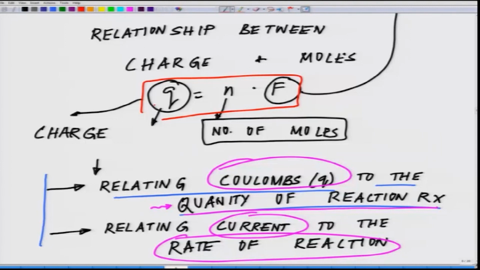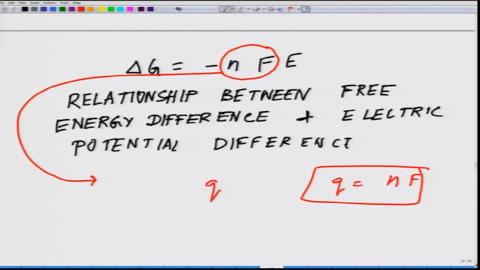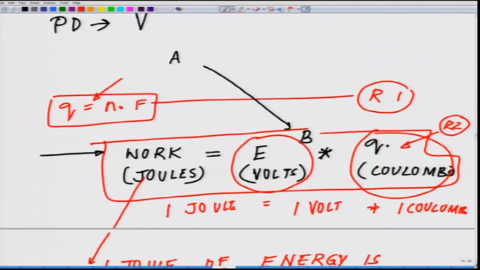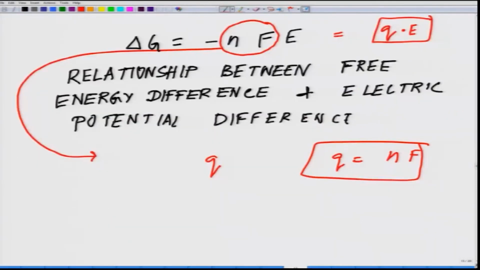So, coming back to this one, this NF is basically the charge, and this also could be written as QE, and QE, remember, is the relation just one step earlier, work done on the system, QE. So, delta G is equal to minus NFE. This is another relation which is very important for us to realize, and all these applications will come soon.